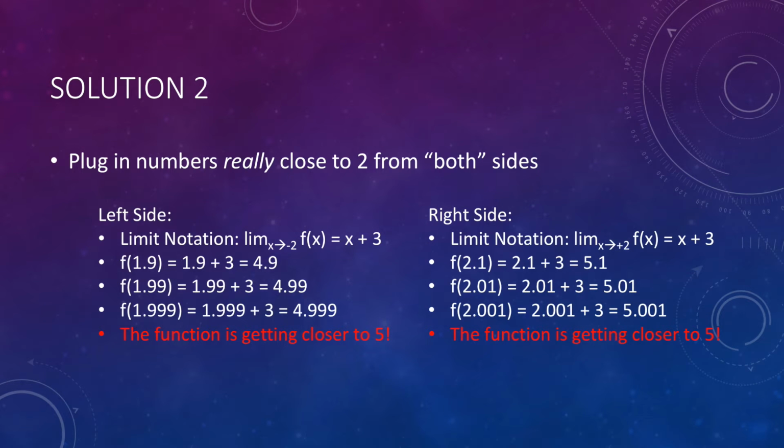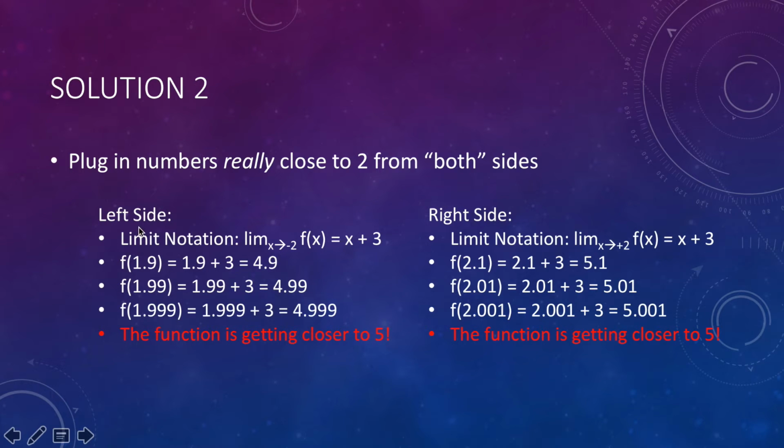Now, if you plug in a number that's really close from the right side, you'll see that the value of the function also approaches 5. So in case by now you still don't understand what left and right means, left basically means that the numbers that you're plugging in are smaller than the actual number. So 1.9, 1.99, 1.999, all smaller than 2.